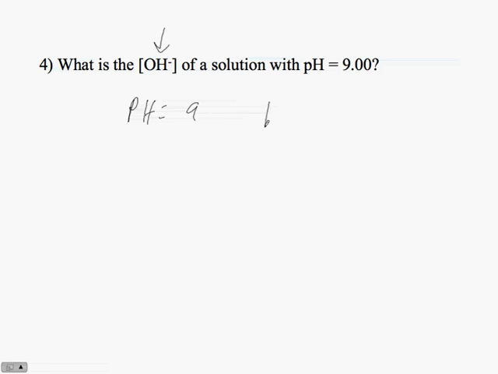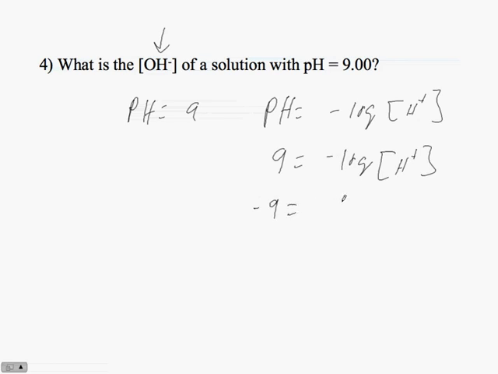If we use our formula, pH is equal to minus the log of the hydrogen ion concentration, we can find our hydrogen ion concentration by saying 9 is equal to minus the log of the hydrogen ion concentration. Multiply both sides by negative 1, so negative 9 is equal to the log of the hydrogen ion concentration, and then take the antilog of this, which says 10 to the minus 9 is equal to the hydrogen ion concentration.